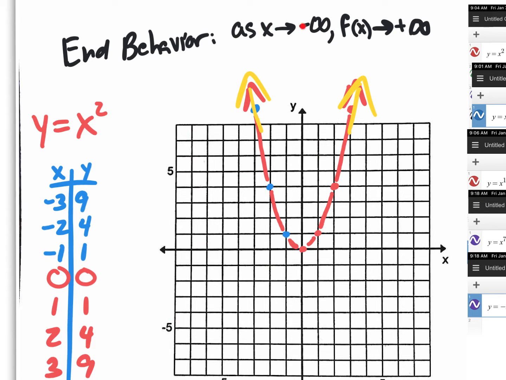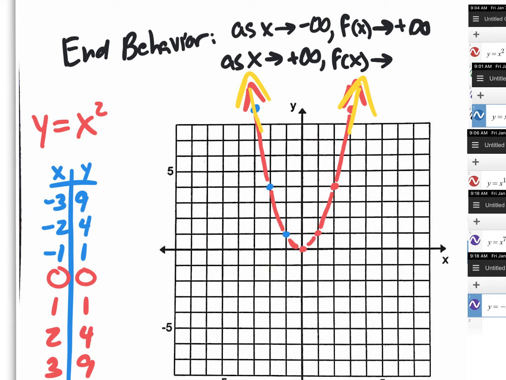Now let's look at it to the right. Right here it says look at it to the left, right? So as x approaches positive infinity, that's saying look at it to the right. As on your x's, it goes to the positive infinity this way to the right, where do your y's go? Do they go down or do they go up? They go up. So we're going to say that your y values, your f of x values, go where?